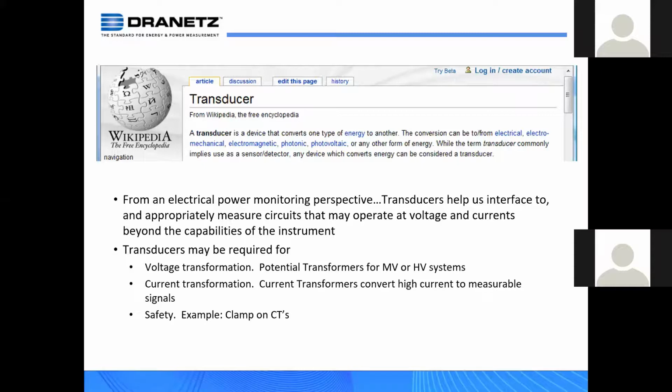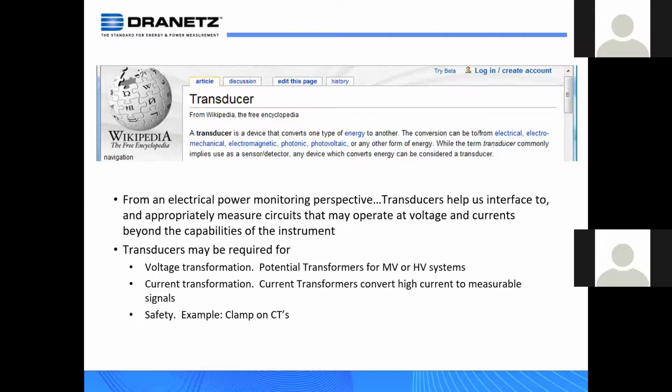As an example, our HDPQ family and a lot of our products can go up to 1,000 volts, AC or DC. So that's a direct connection to the terminals of the instrument. If you're measuring a 13 kV circuit or anything above that, you need a PT or a voltage divider to divide that higher voltage down to something that's measurable by the instrument.